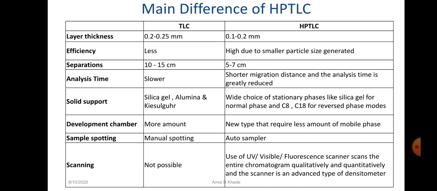When we talk about scanning, we have limited scope to scan the TLC plate in situ, whereas in HPTLC we have wide choices of scanning devices like UV visible, fluorescent scanner and densitometer, available online in the instrument, which makes quantitative as well as qualitative analysis quite comfortable and easier.